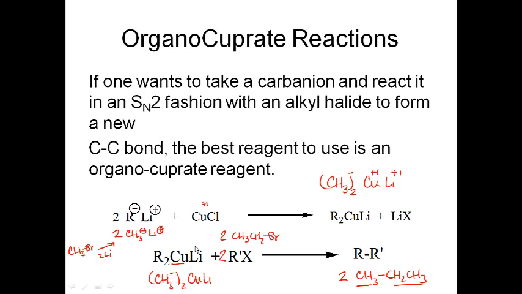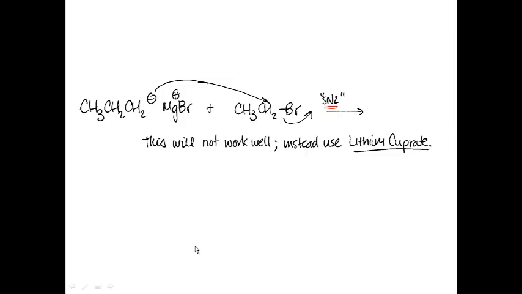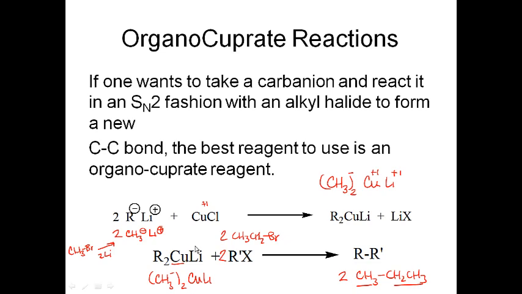So great idea to try and harness the Wurtz coupling instead of it being a side reaction. We could use it for good, I suppose, but it doesn't work. So what we do instead is we use the organocuprates. We use the lithium cuprate reaction. So if you want to form a carbon-carbon bond between essentially 2 alkyl groups, easy to do with an organocuprate, at least on paper.